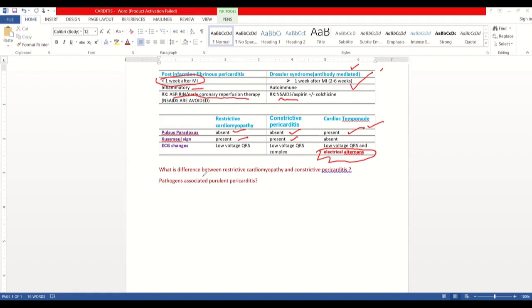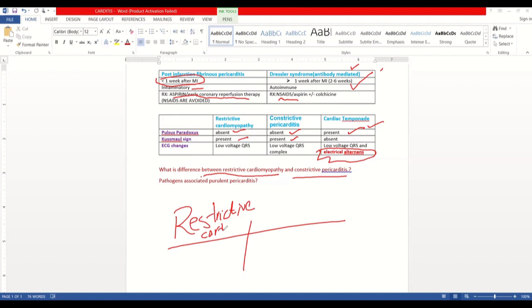So what is the difference between restrictive cardiomyopathy and constrictive pericarditis? Can anybody tell me? Restrictive cardiomyopathy affects the muscles also, but only the pericardium is affected in constrictive. Yes, absolutely right.